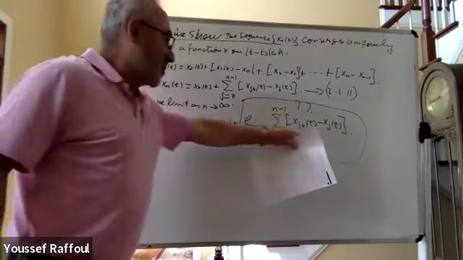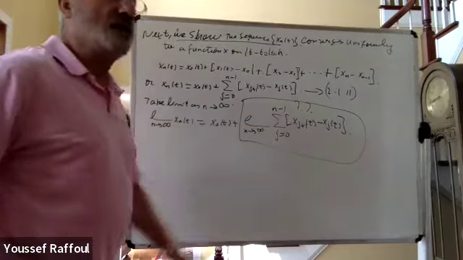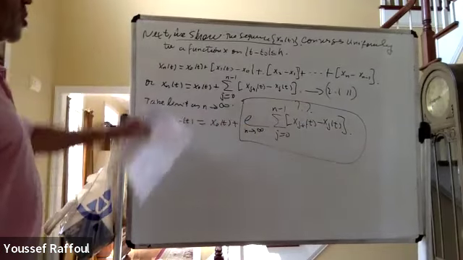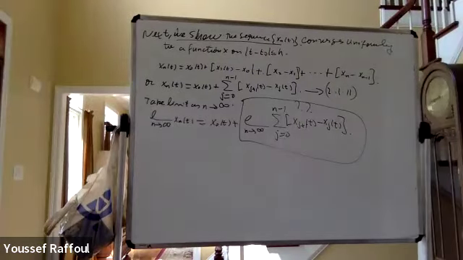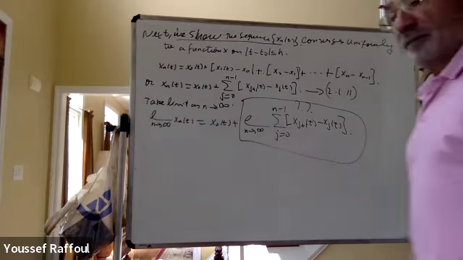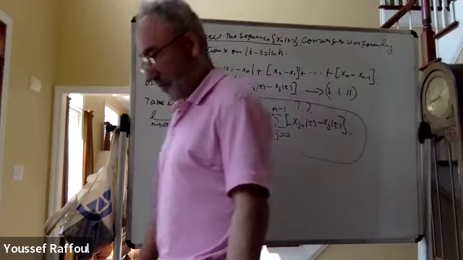If this converges, then xn will converge, and we will show it converges to the integral equation, which is a solution to the differential equation, to the initial value problem. Okay?